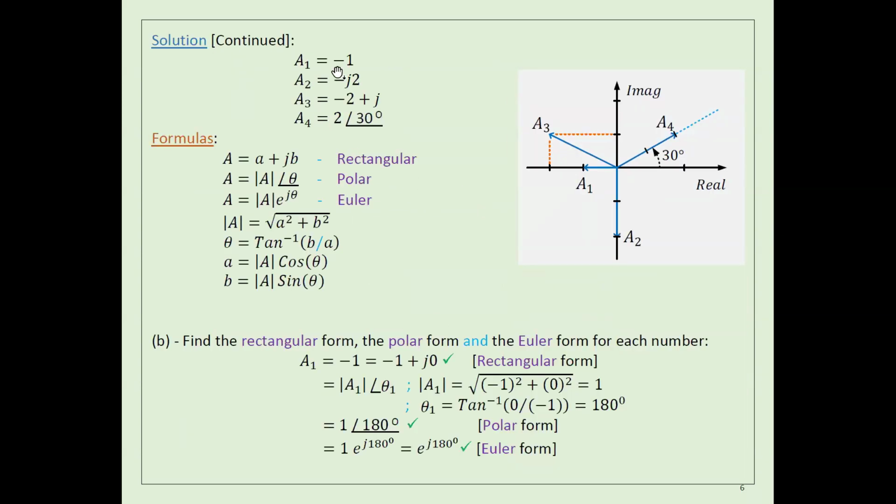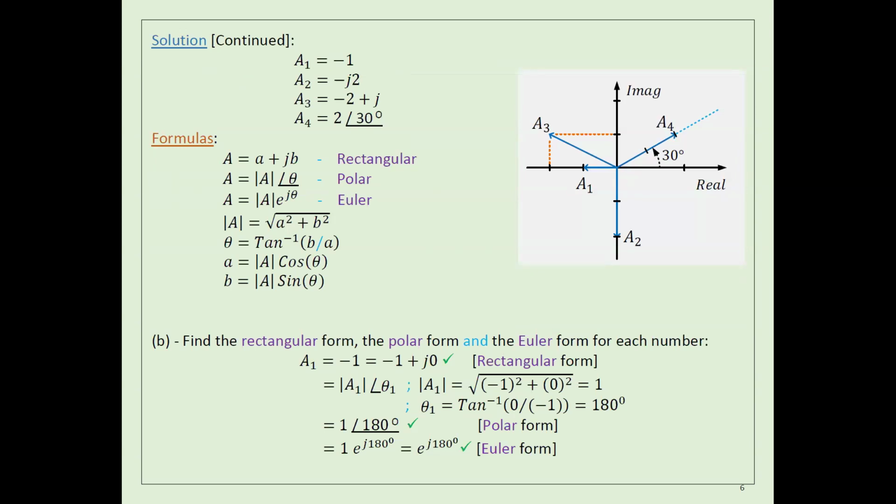Now I want to convert any rectangular to polar, and any polar to rectangular. Let's start with this one here. We have negative 1, which actually means you have 0 here, j is 0. As I told you, if you want to convert this to polar, number one, I need to find the magnitude.